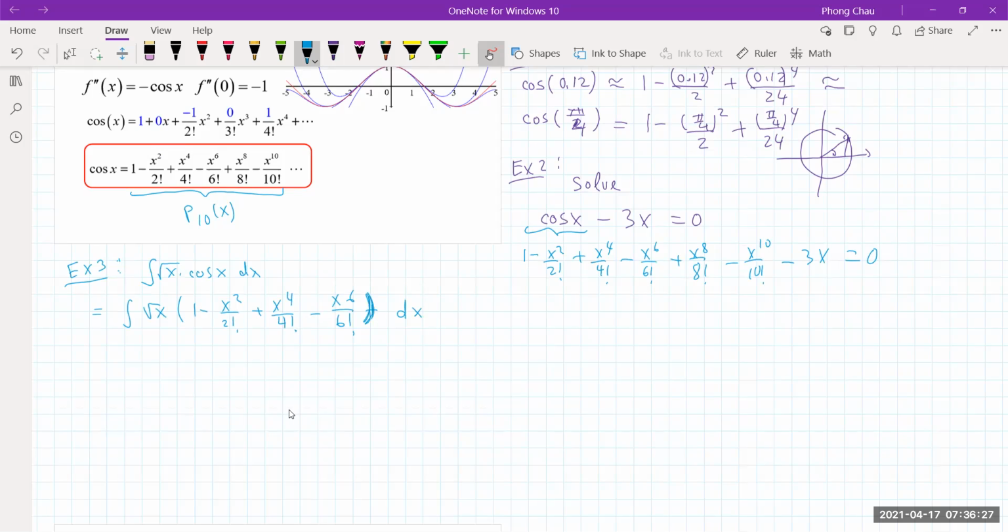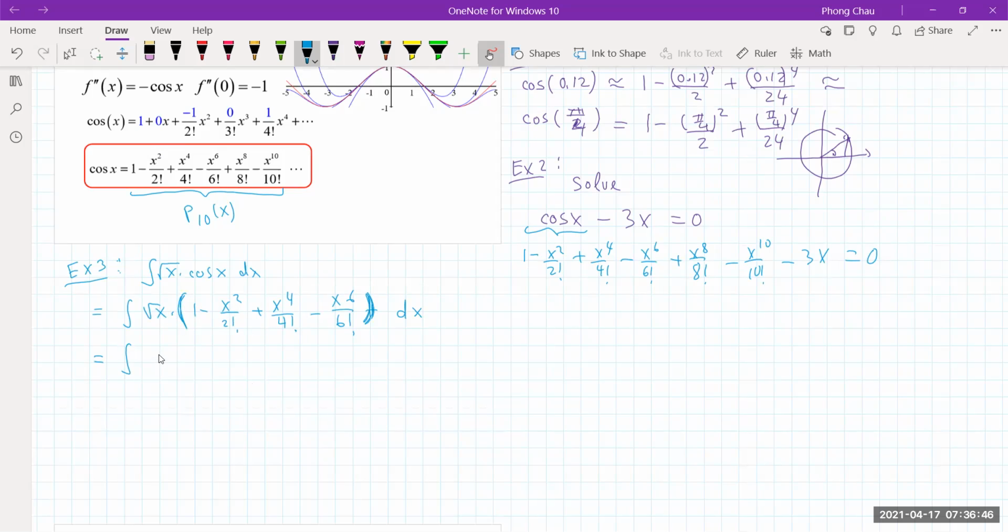dx. Okay, can you integrate that? Yes, why not? Because this is x to the half power. I can multiply it in and then get rid of my multiplications here. See, the problem is the multiplication there.